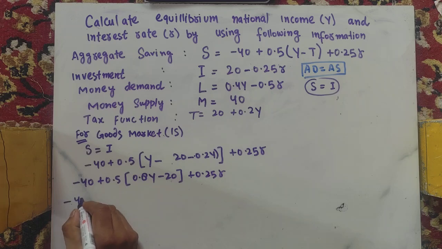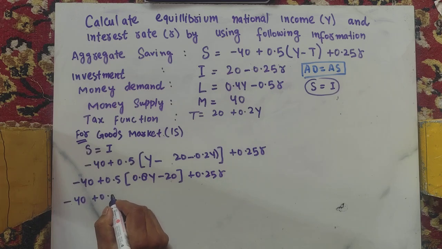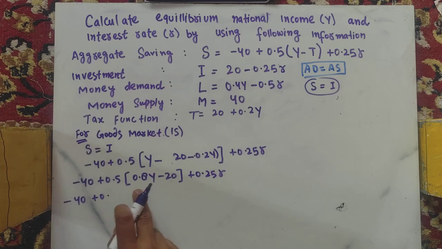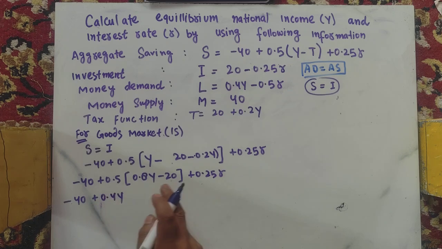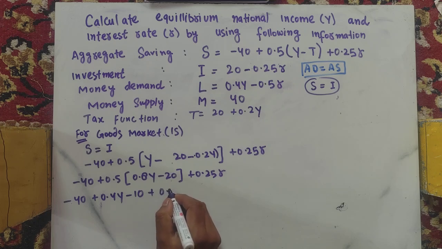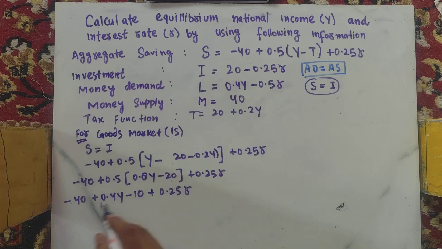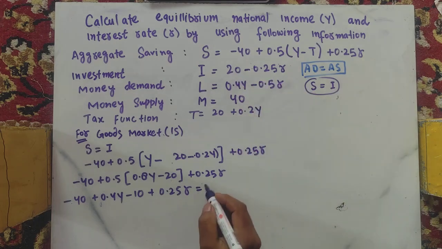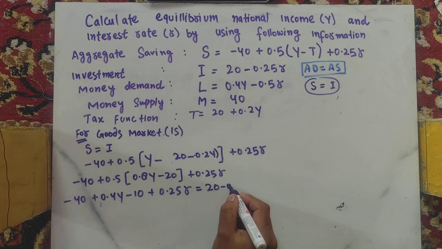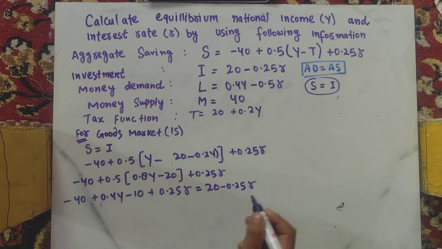Then negative 40 plus 0.5 into 0.8, which is 0.4 y. Now 0.5 of 20 is 10, plus 0.25 r. And it should be equal to the investment function, 20 minus 0.25 r.